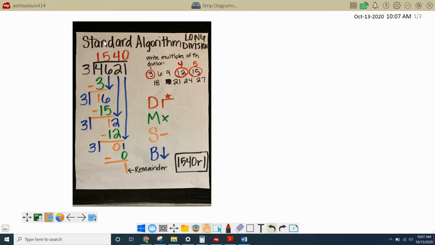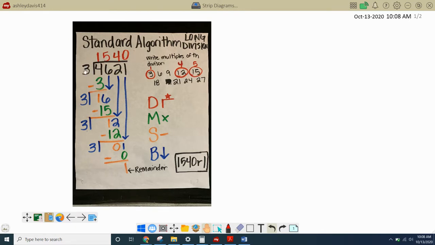But in the standard algorithm, we take it digit by digit. So we first pretend that these 3 digits aren't there, and we think of 4 divided by 3. What I like for my students to do first when doing this method, until they're really good at it, not forever, is to write the first 9 multiples of your divisor.